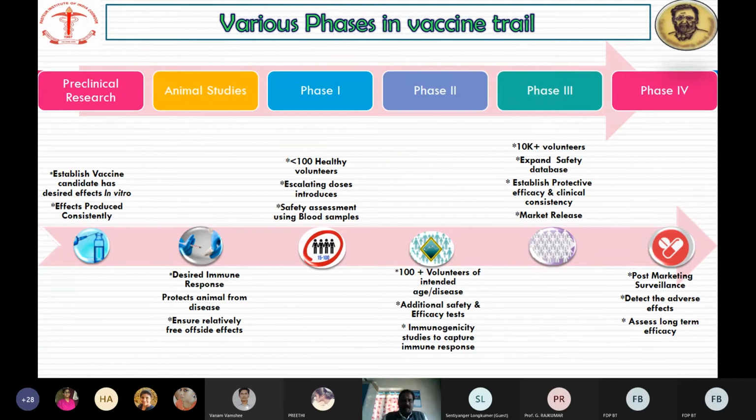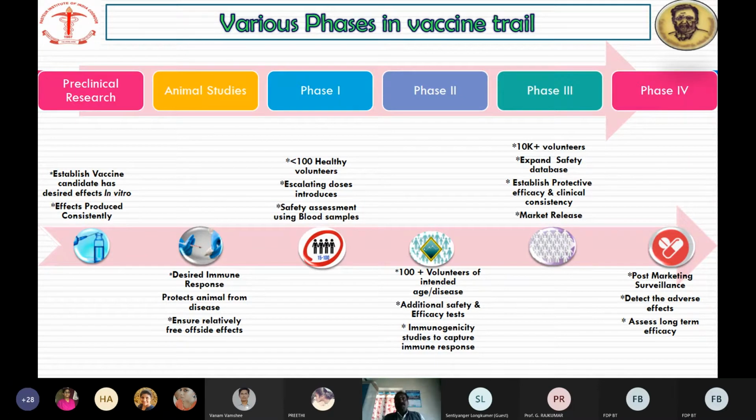And the desired immune response: it can protect animals from a disease and is relatively free of side effects. So what do I mean by free of side effects? Once vaccinated, the vaccine should elicit an immune response. If it affects the lung-based system, thymus-based or kidney-based organs, this kind of toxicity should not be there during the animal test.